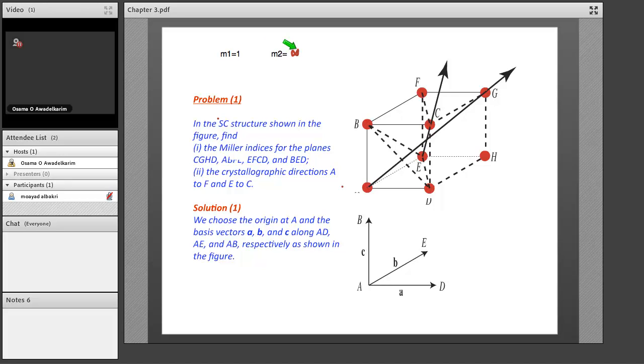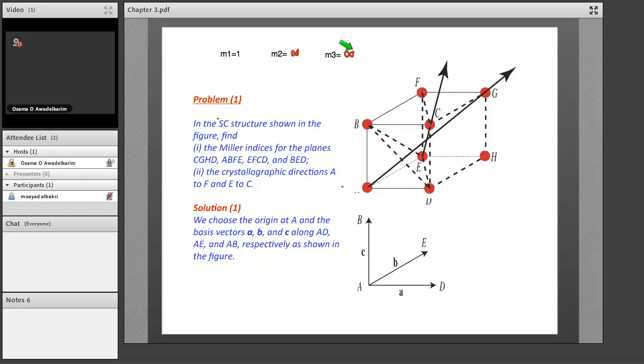Similarly, m3 for the c direction: again, m3 is equal to infinity, because the plane runs parallel. So now you immediately see why we take the reciprocal, because you can have planes running parallel to a basis vector, and you cannot use infinity. Infinity is almost undefined.